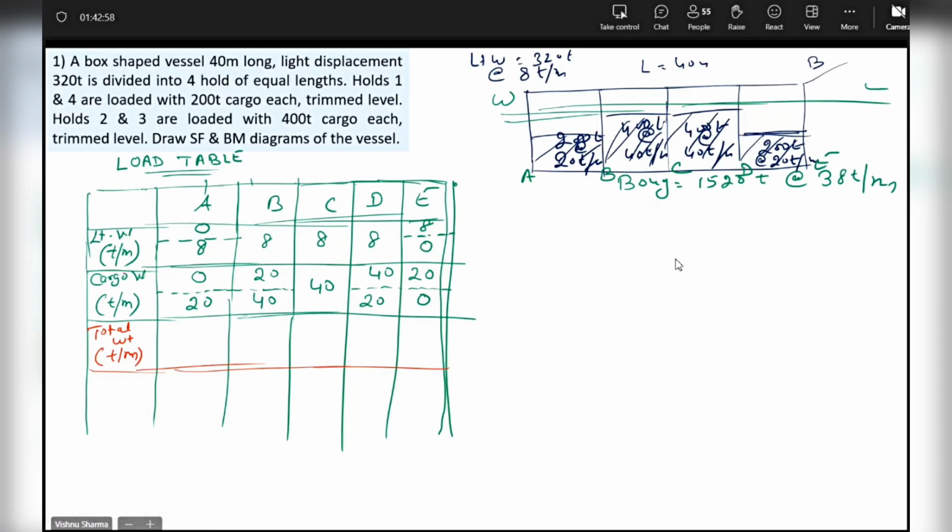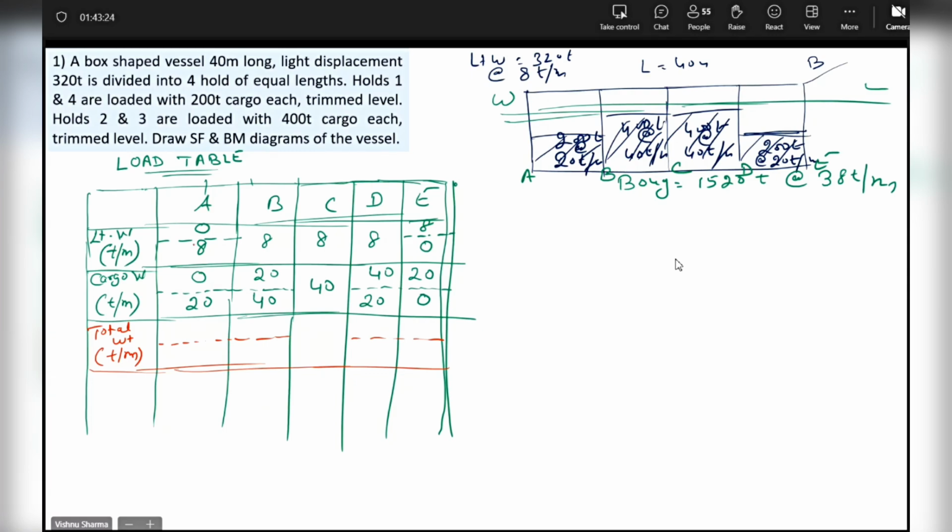Now between the light displacement and cargo, whichever cells are divided into two, you will divide them into two here also. In this third row, you will write the sum of the above two. Left of a point will be added to left of a point. If it is not divided, it will be added to both.